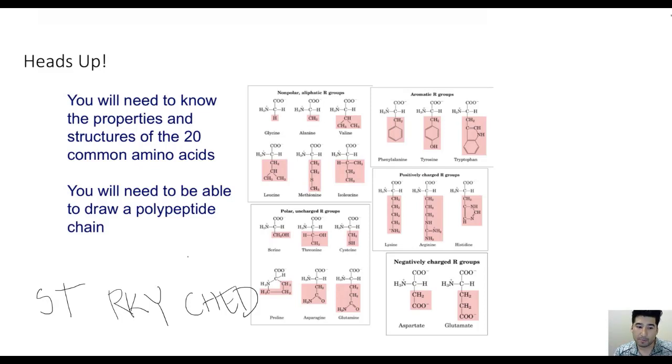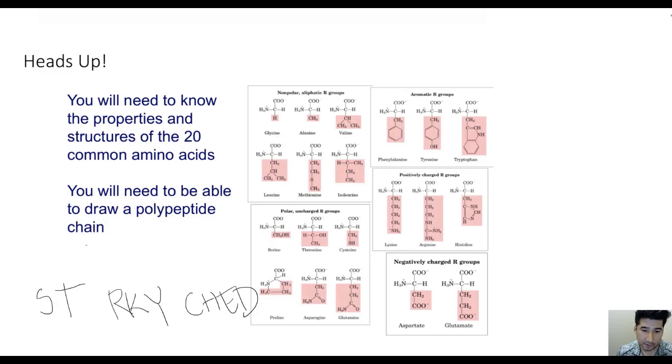And so what they came up with, which is pretty smart, was this mnemonic, and each one of these letters represents the one-letter abbreviation of the amino acids, which you should know.